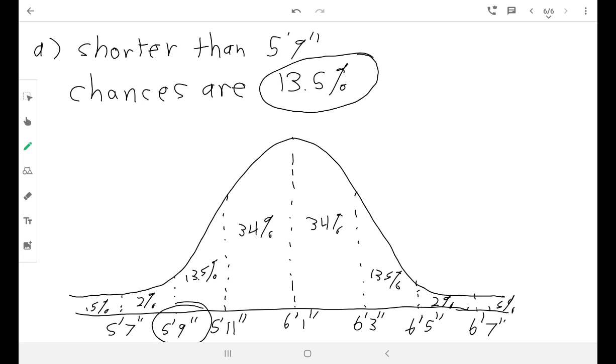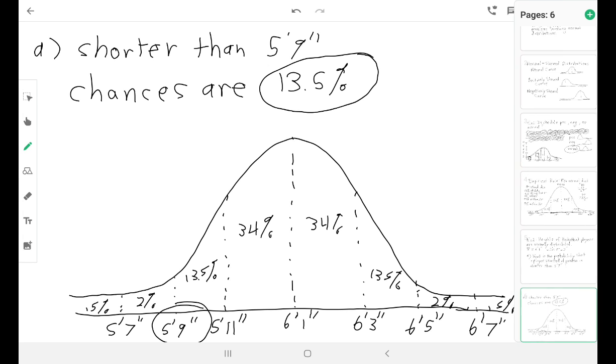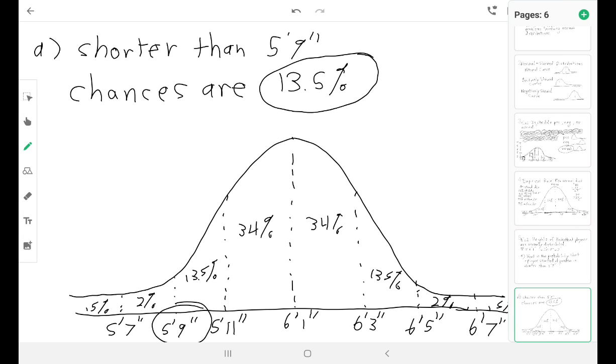Now, there's part A, so of course there's part B to this. So let me change boards here, and we'll have to refer back to some things.